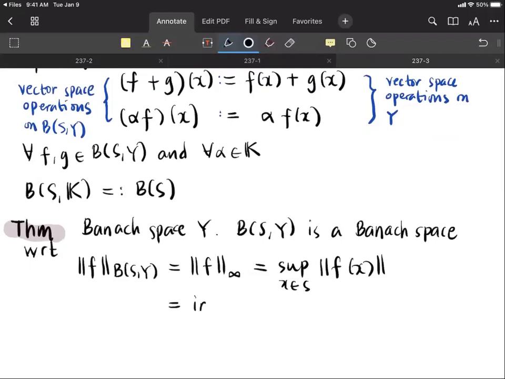So the supremum is the what? It's the infimum of all upper bounds. So if M here is an upper bound, then we collect all possible upper bounds and then we take the infimum of that set. And that is the supremum indeed.